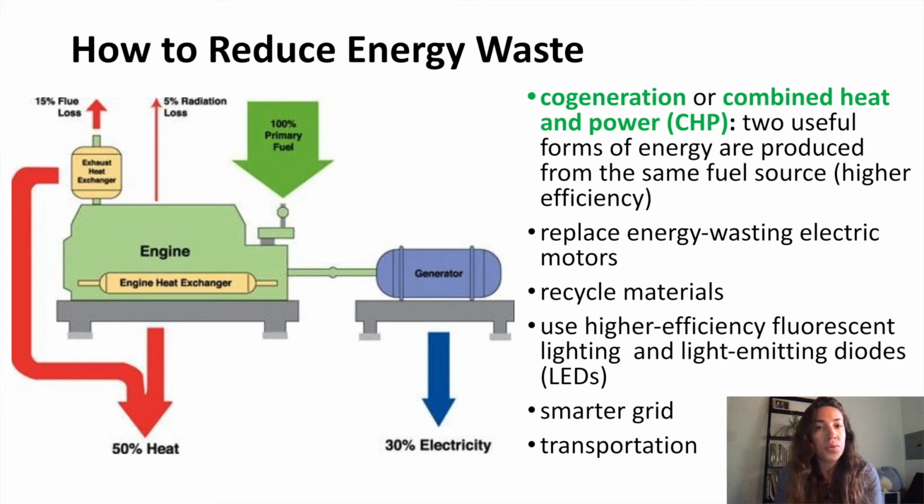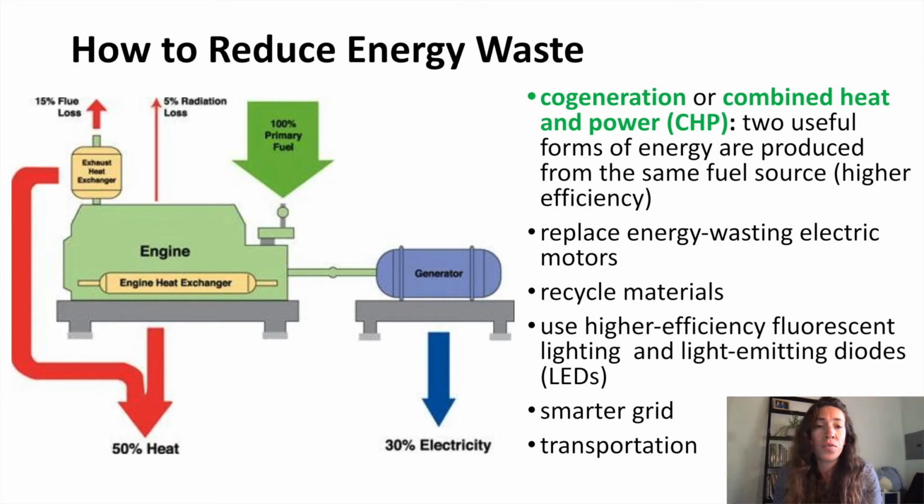Electricity is also going to be produced in the same way, and we can use that electricity to power our devices, whatever they may be. So this would be a really great plan to eliminate or reduce the amount of energy wasting electric motors. It allows us to recycle more materials.